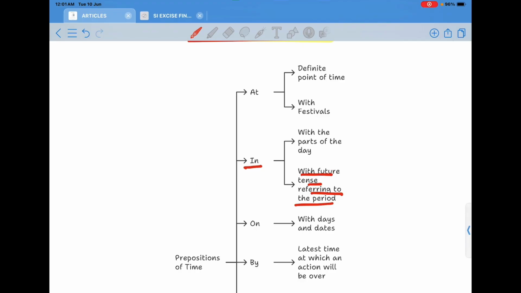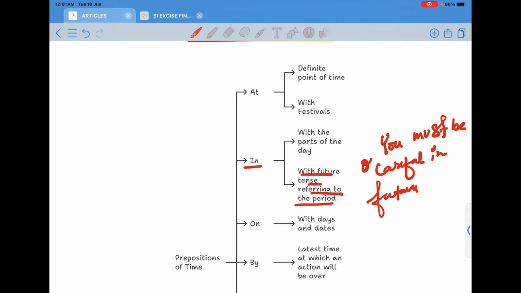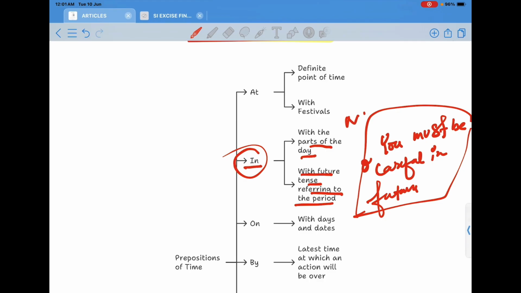So basically in future tense, you must be careful in future. So in this future thing also you will use in. So in will be used with the parts of the day except noon and with future tense. That's it.